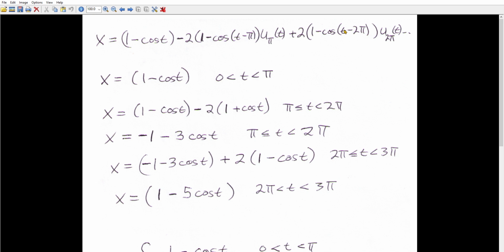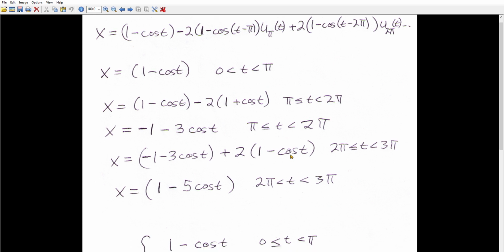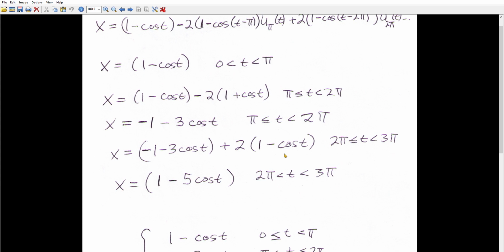And the cosine of t minus 2 pi is exactly the same as the cosine of t. So we're picking up a 2 times (1 minus cosine t). And now when you combine these things, you end up with minus 1 plus 2 is 1, minus 3 cos t, 2 cos t, 5 cos t.